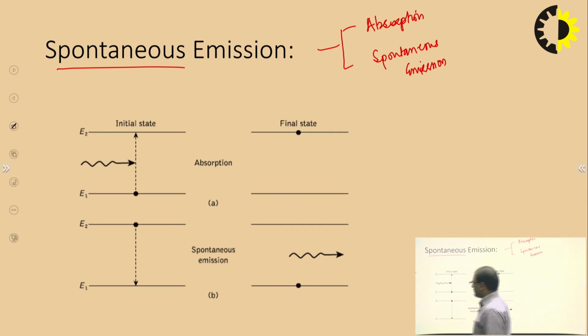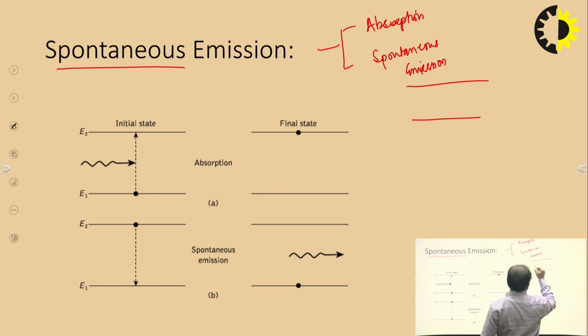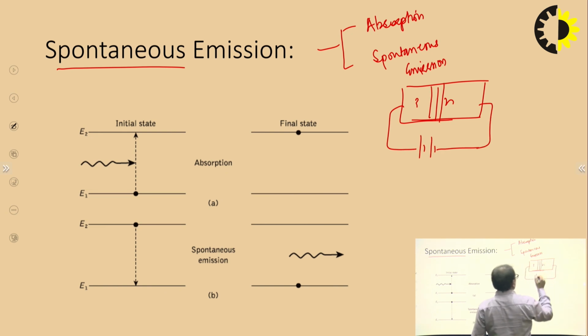So we'll see that this is a PN junction diode which is in the forward bias direction. Mainly recombination takes place in this active region, that is in the depletion region, and through this the light will be emitted.